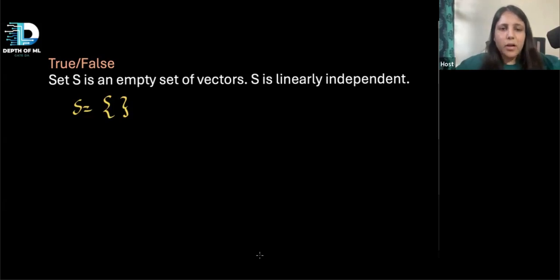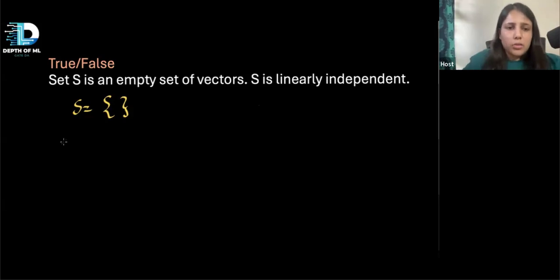Can I find one scalar or one coefficient of the vectors which is non-zero and the equation adds up to the zero vector? So true or false?